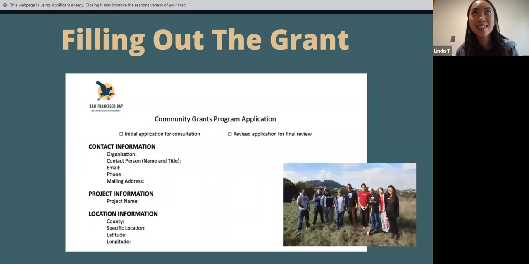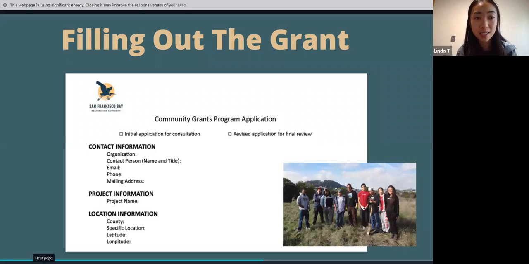Yeah, this might be a little far off because I know you all are still brainstorming project ideas, but this will still help you think through some of those ideas. The application asks for basic information first, like contact information, the name of your project, and where it's located.